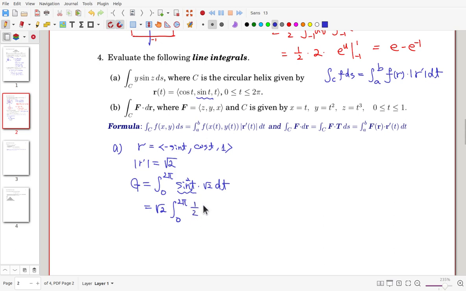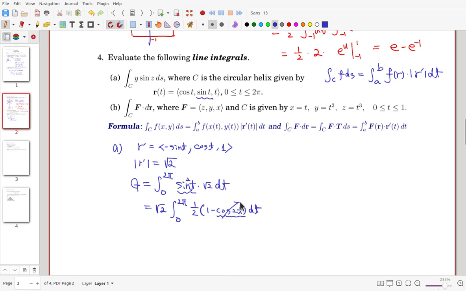There's half of 1 minus cosine 2t dt. T is moving from 0 to 2 pi, then 2t is moving from 0 to 4 pi, so it will make two full cycles, halfly positive, halfly negative, so there's no contribution to the integral.